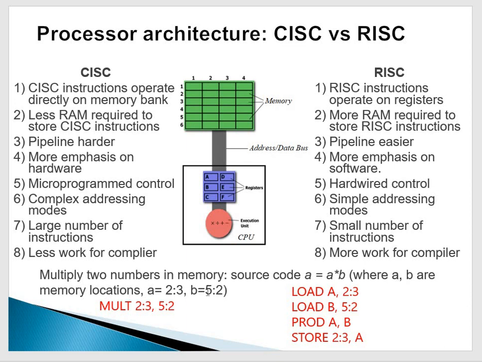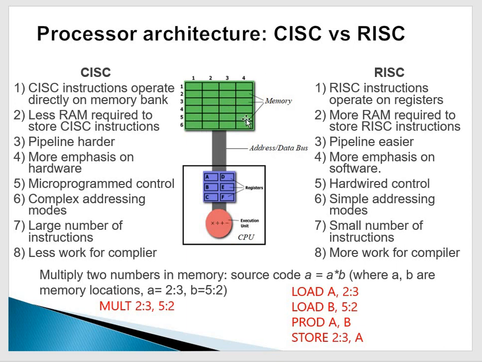The number A is stored at memory locations 2 and 3. One part of the number A is stored at memory location 2 and another part at memory location 3. And B is stored at memory locations 5 and 2.